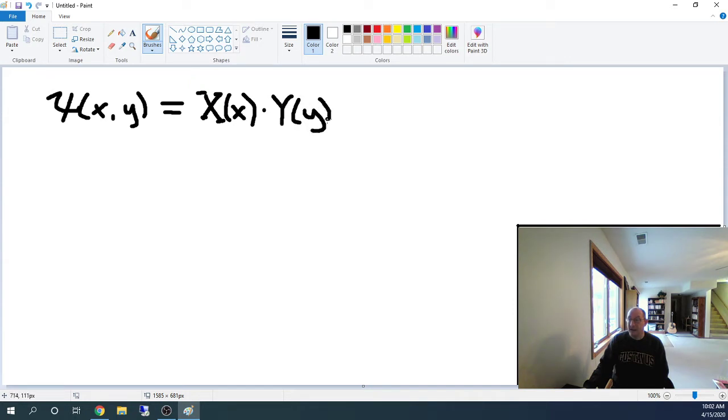And this is an assumption. This does not have to be true, but if the potential allows it, then we can see that it's true.